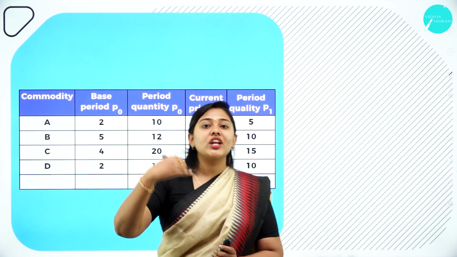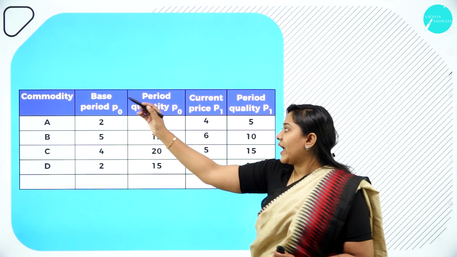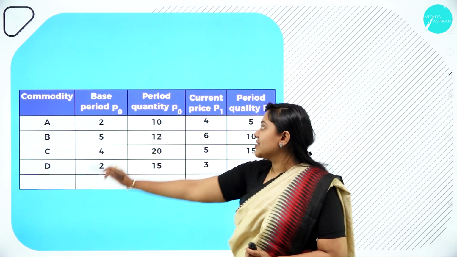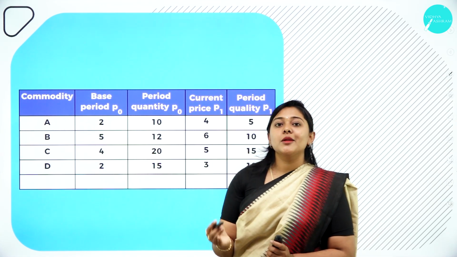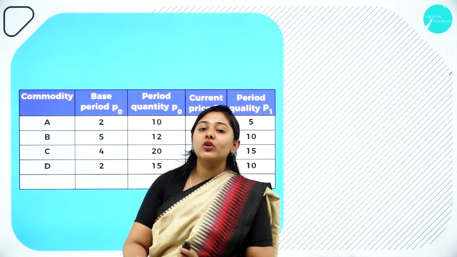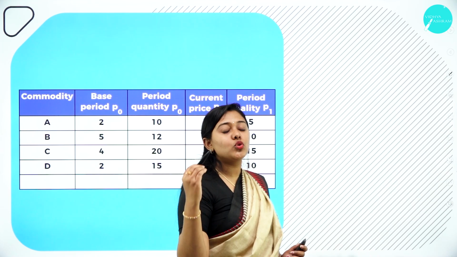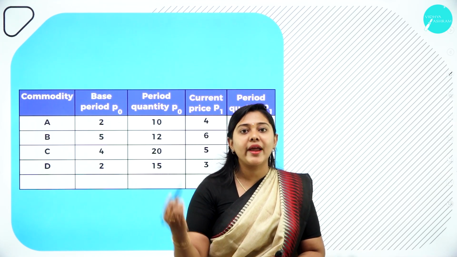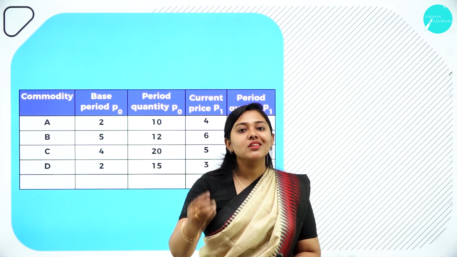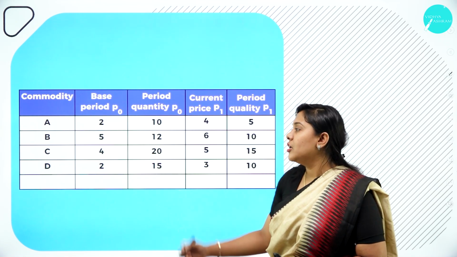So let's assume your expenditure is 100 rupees, you have 100 rupees to buy all these commodities in the base period. But what is the change in price to buy the same commodities in the current period? So we are calculating the price change, the percentage of change that has happened. By using the formula of the Laspeyres price index, let us solve the problem.